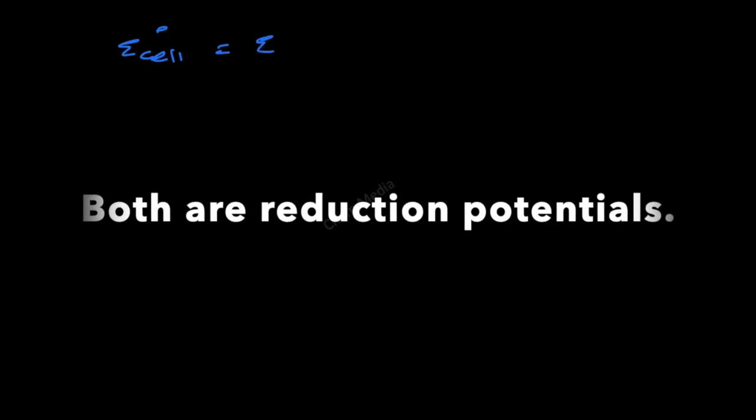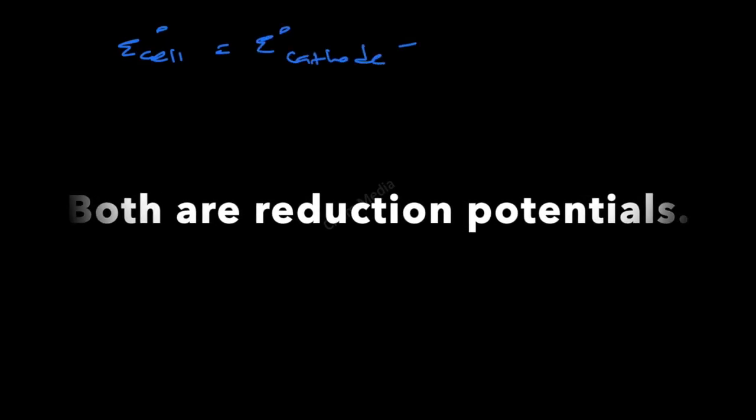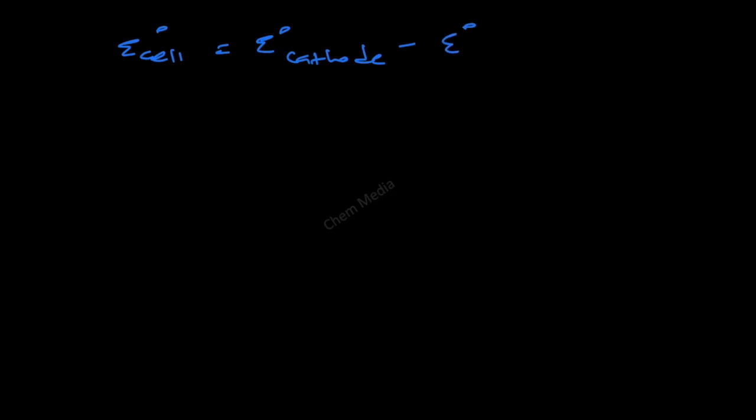And we also know that E cell standard is equal to the standard value for the cathode minus the standard value for the anode. So here H2 is the reference electrode. So for the reference electrode, we keep it as 0 volt. That is not given, but this is something you are supposed to know.